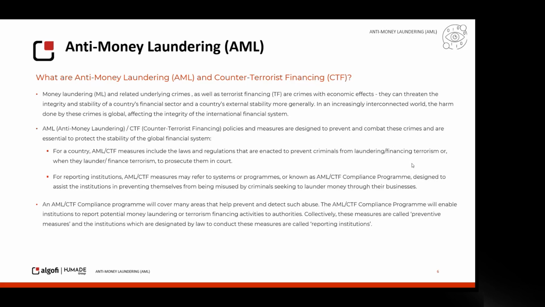An AML CTF compliance program will cover many areas that help prevent and detect such abuse. The compliance program will enable institutions to report potential money laundering or terrorist financing activities to the authorities. Collectively, these measures are called preventive measures, and the institutions which are designated by law to conduct these measures are called reporting institutions.